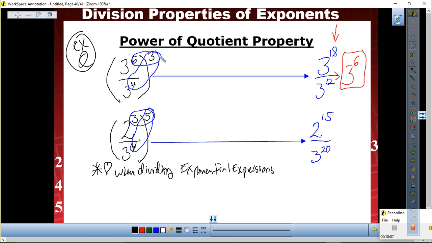What is that called when we have the parentheses and the exponent? Raised to another exponent. It says, when dividing exponential expressions raised to another exponent, everyone? Multiply the exponents. My goodness.